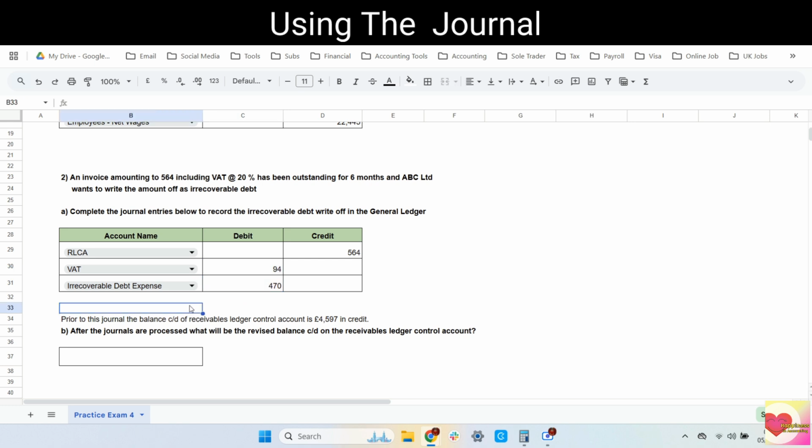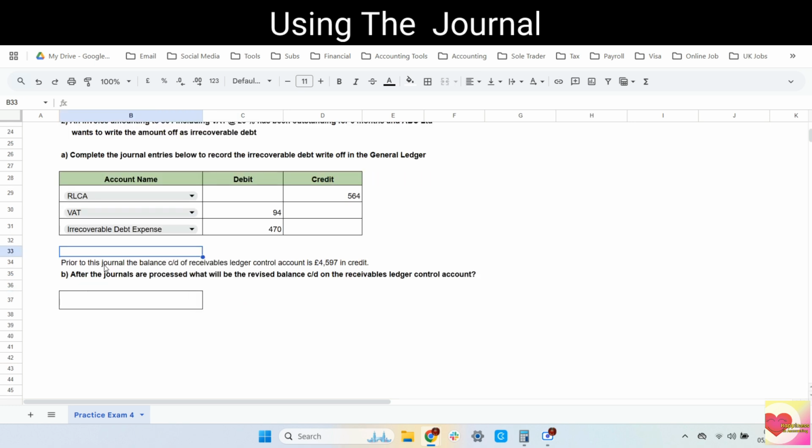Next, let's move on. Prior to this journal, the balance carried down of receivables ledger control account is 4,597 in credit. Letter B, after the journals are processed, what will be the revised balance carried down on the RLCA? Let's analyze this by creating an RLCA account. Let's imagine this is our blank paper in the exam.